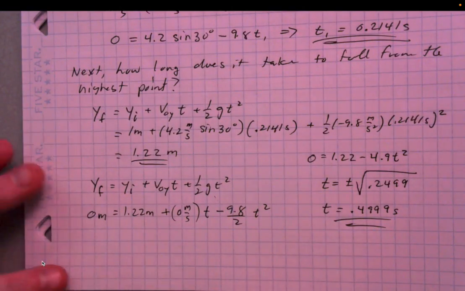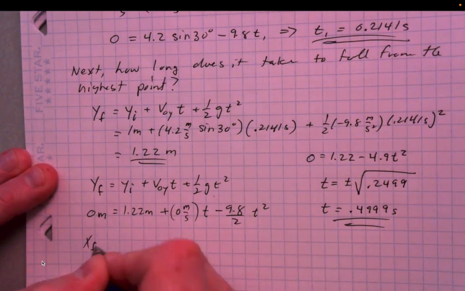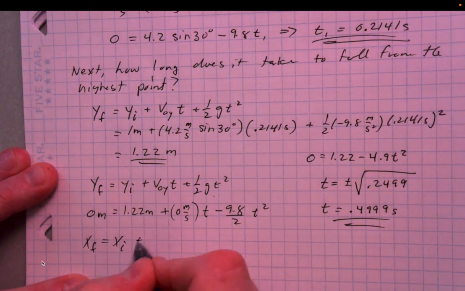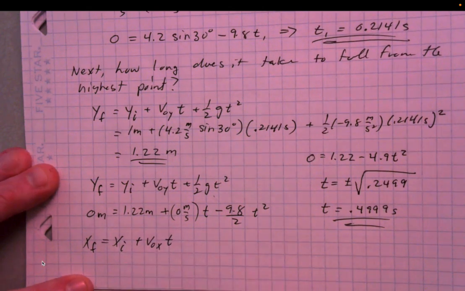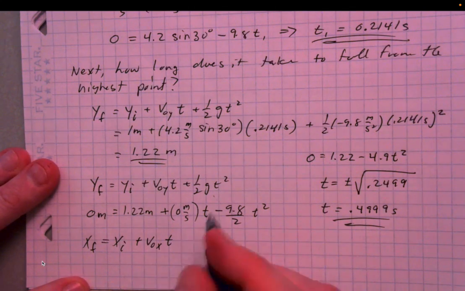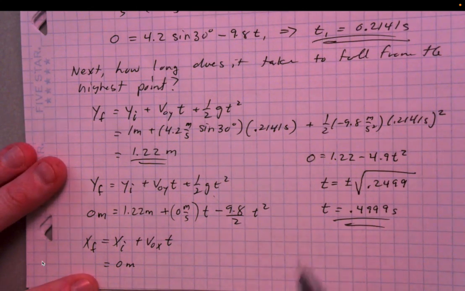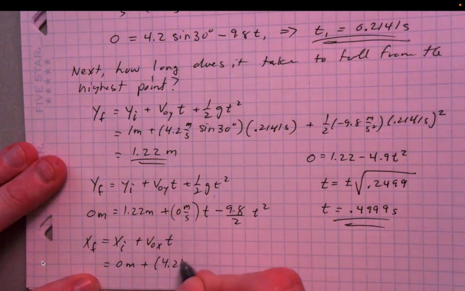And so we can say x final equals x initial plus the initial velocity in the x direction times the time. Okay, and so x initial is 0 meters. I start at the base of the ramp, which I've coordinatized as 0. And my initial velocity in the x direction is 4.2 meters per second, cosine of 30 degrees.